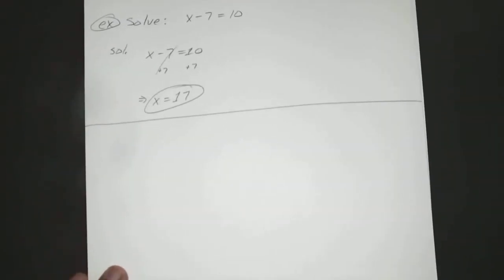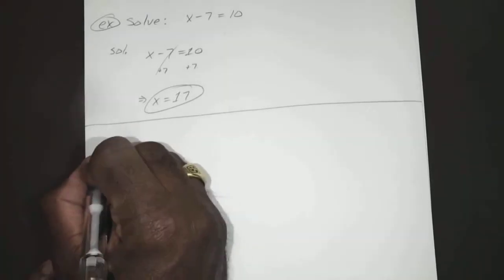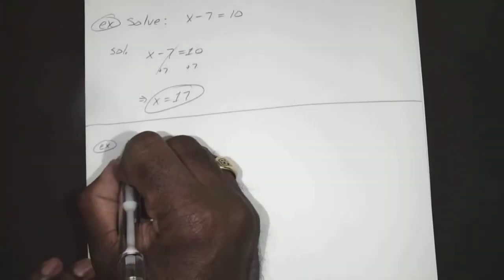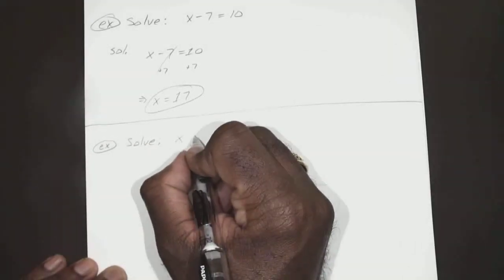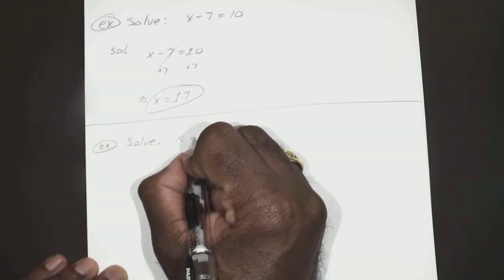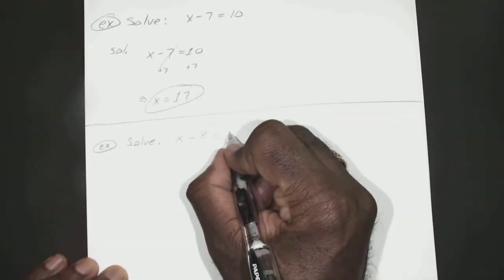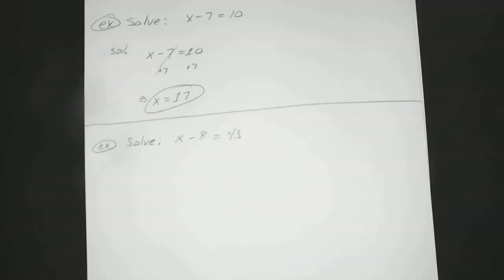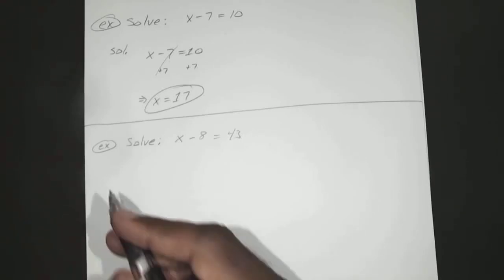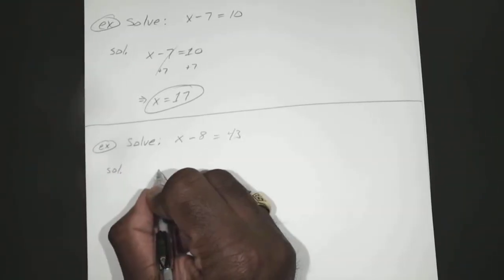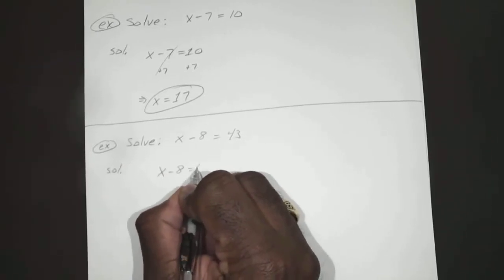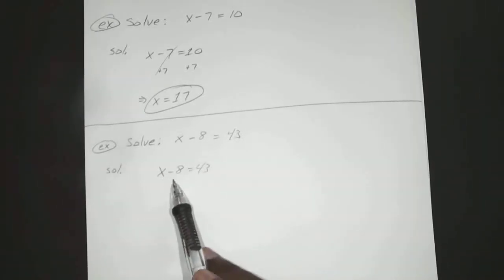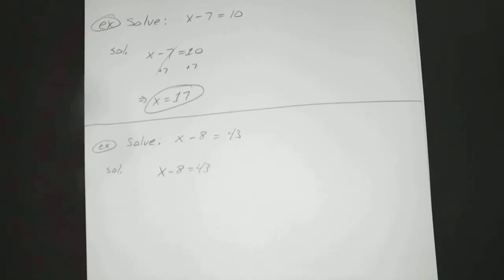Okay, so for example, if we wanted to solve x minus 8 equals 43. Since that's minus, we're going to do the opposite, because we have to get rid of that minus 8.